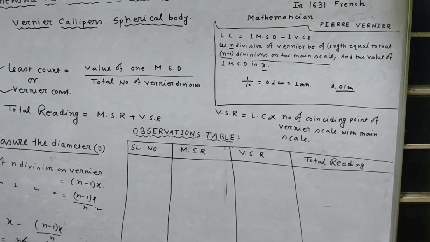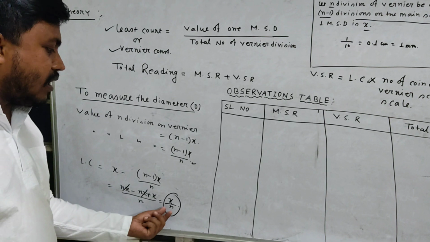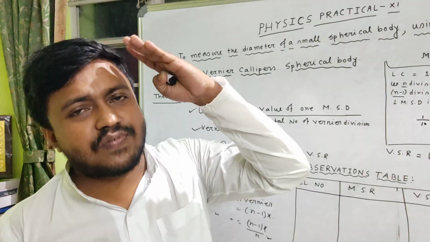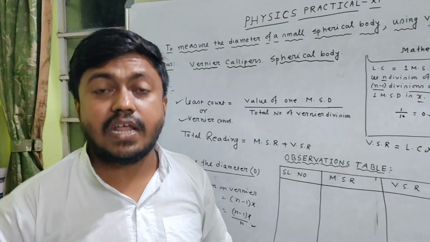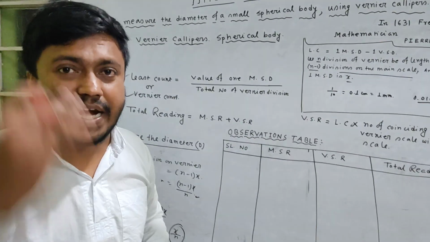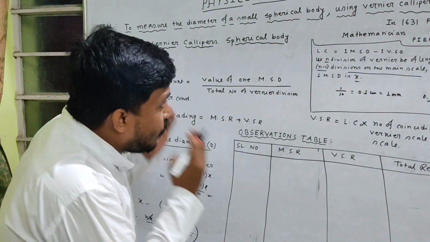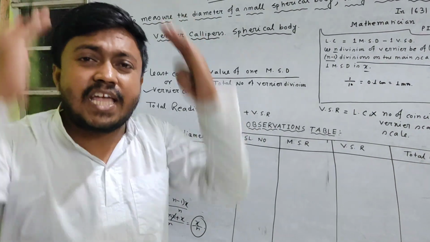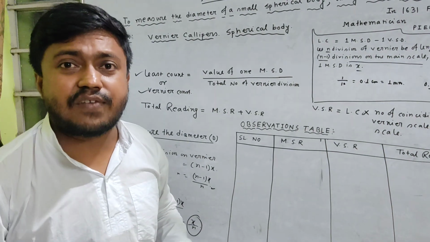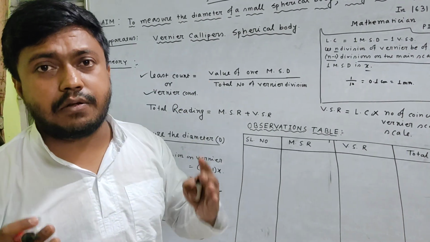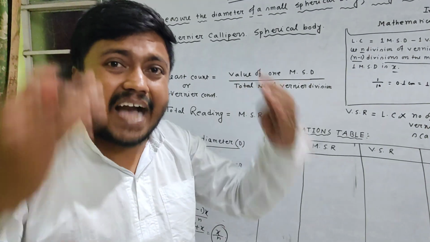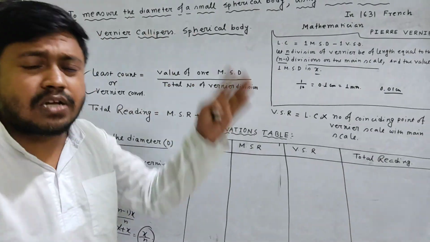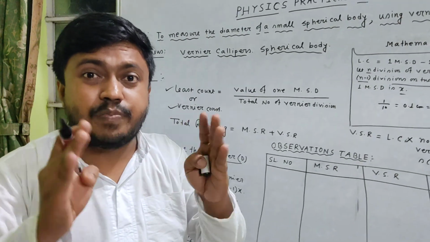Finally we can calculate the least count, which equals what? X by n. And all the students, you should remember this formula, because this is very, very important, not only for your class 11 or 12 practical, but also very important for your JEE Main, JEE Advanced, NEET and AIPMT exams. Some problems are asked based on the vernier scale, so you need all the concepts of the vernier caliper to be crystal clear.